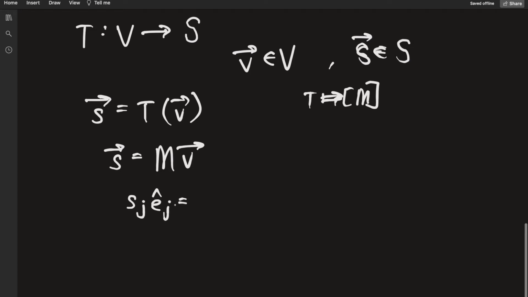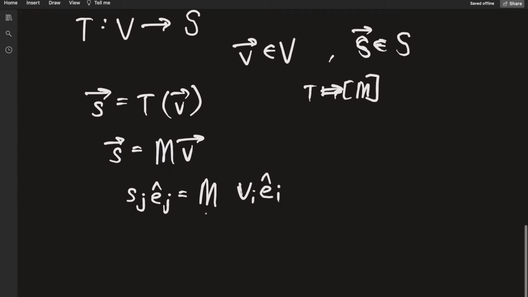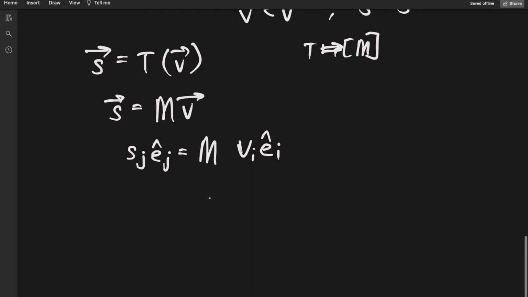And now if you want to do some subscript decomposition, you can go ahead with that. I'm using j here, then I have M, and I have v_i e_i hat, how I decompose small v. Well, what do we do with this? Do we attach any subscript for the matrix? Well, think about a basic matrix being multiplied with a column vector, in 3 dimensions at least.